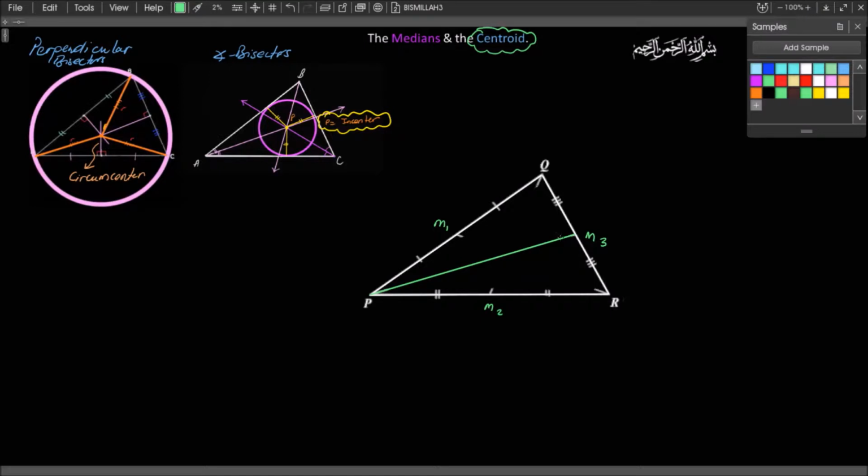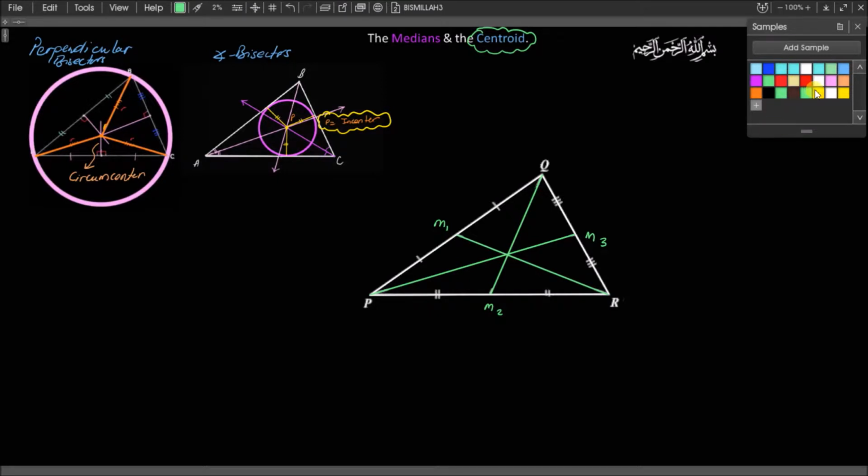And let's draw out all the medians. So that's the median number 1, and from vertex Q to the midpoint of the other side, that would be our median number 2, like this. And let's draw out the third median, and as you recall, these were also concurrent like thus.